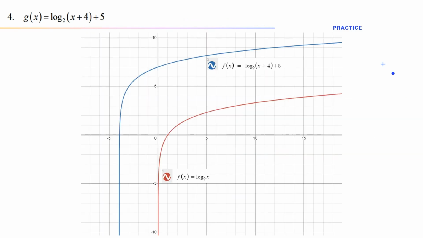Here is how it looks. So we have from this point, move up 5 units, to the left 4 units. This point does the same.